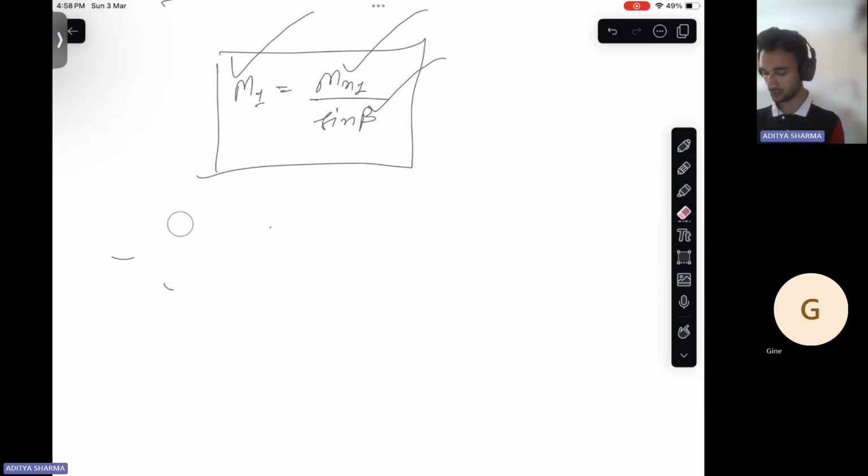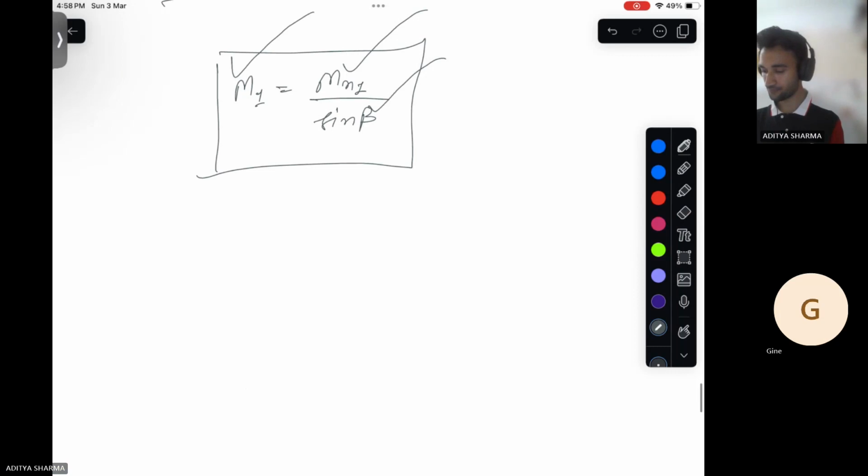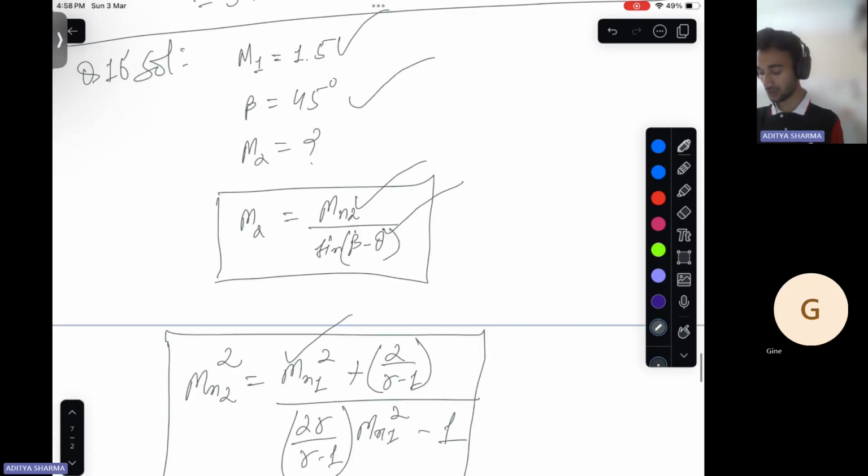It will confuse you. All right. But then eventually we need to find out M2, right? So we can somehow calculate Mn2, right? But then we don't have theta in our hand, right?